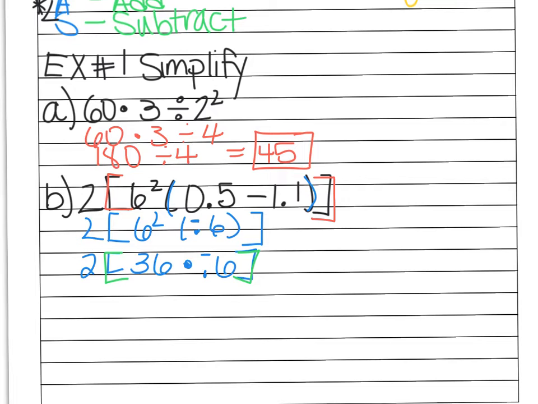So 36 times negative 0.6 is negative 21.6. And now we've dealt with everything inside those brackets, so we can go ahead and multiply 2 times negative 21.6, and I would get negative 43.2.